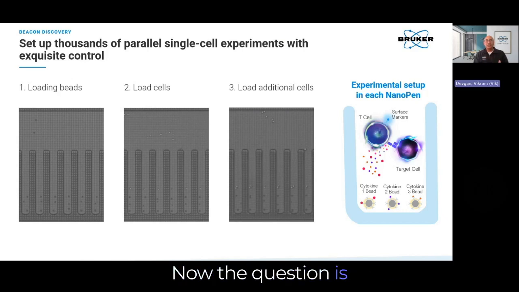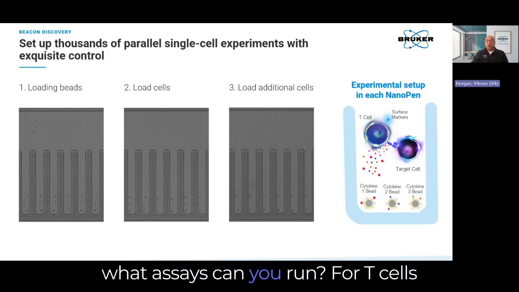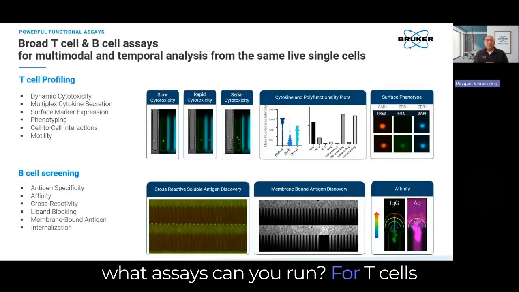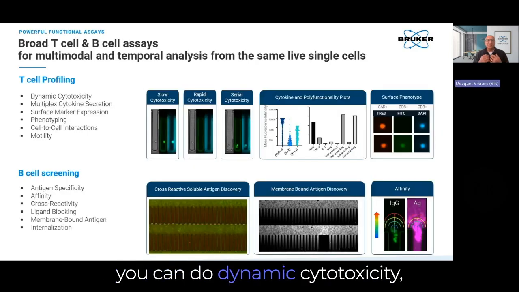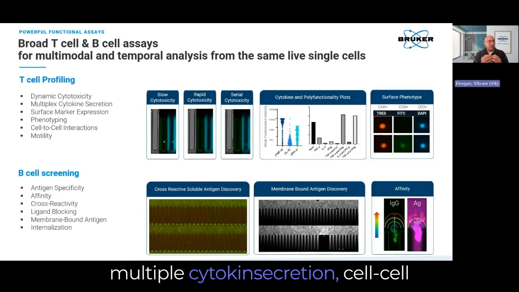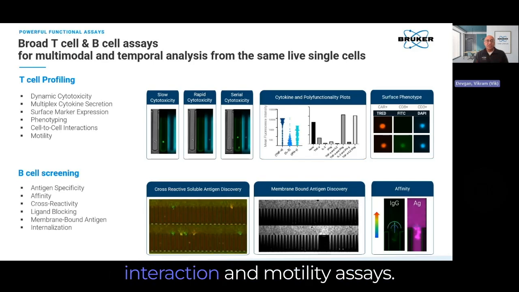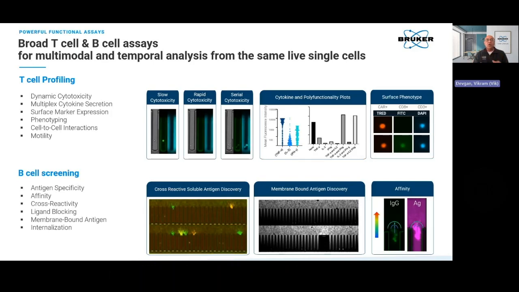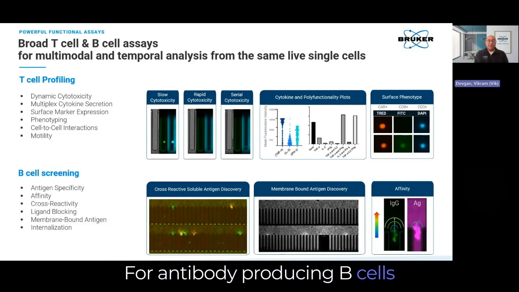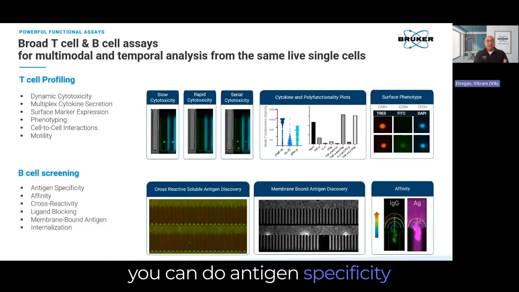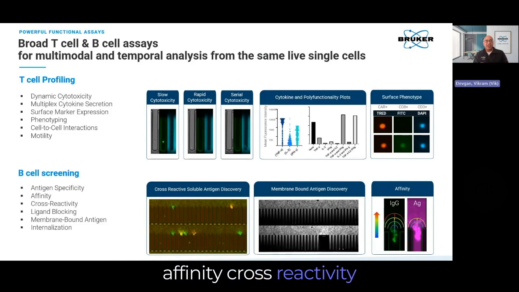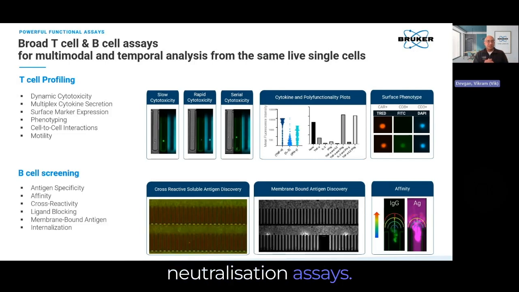Now the question is, what assays can you run? For T cells, you can do dynamic cytotoxicity, multiple cytokine secretion, cell-cell interaction, and motility assays. For antibody-producing B cells, you can do antigen specificity, affinity, cross-reactivity, and internalization assays.